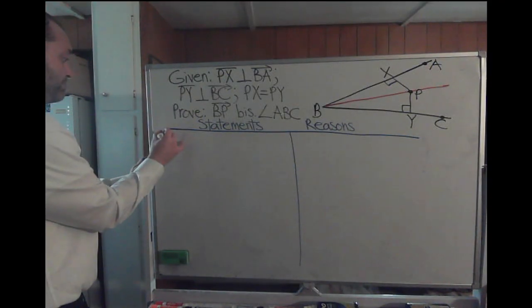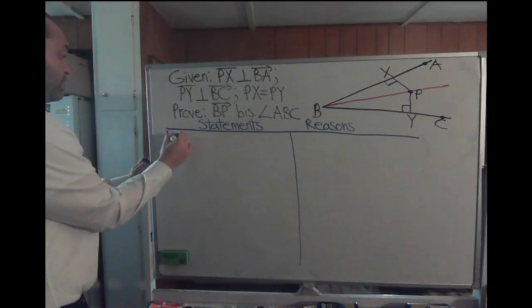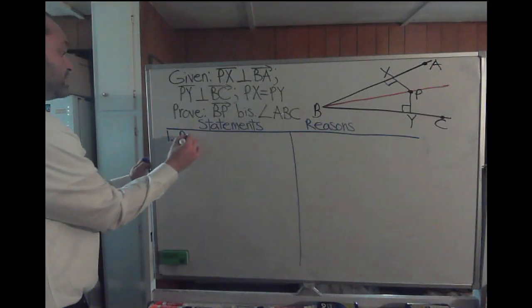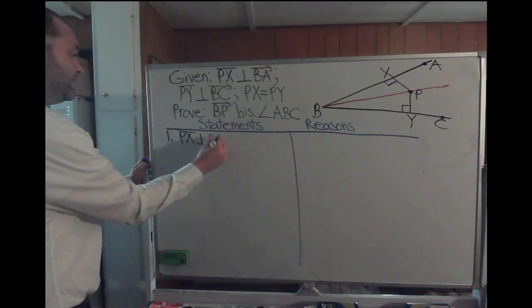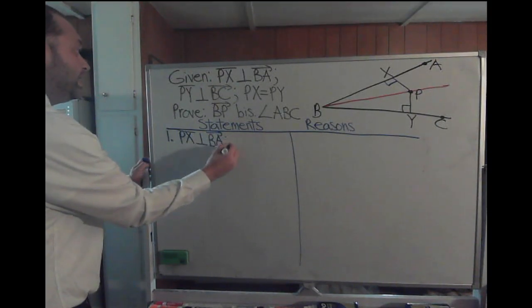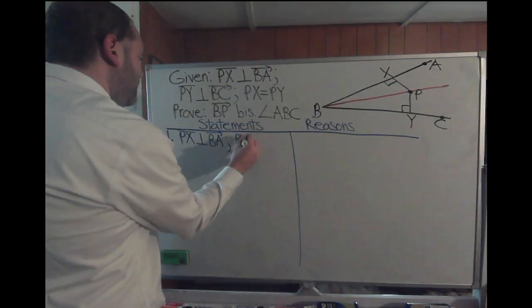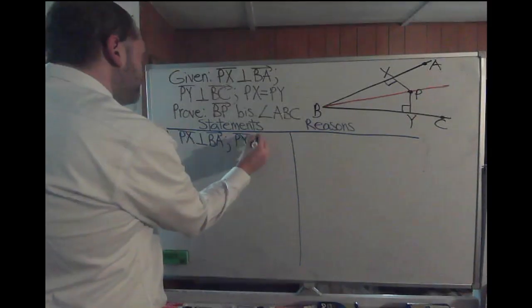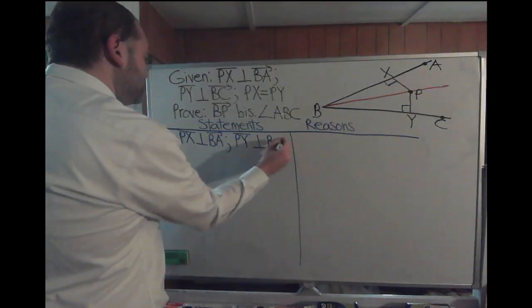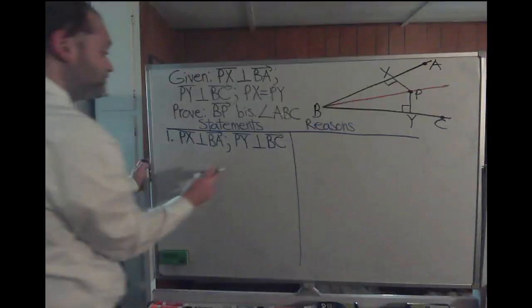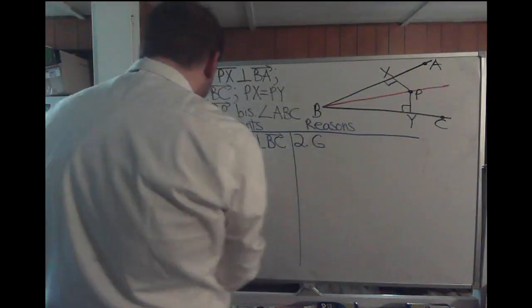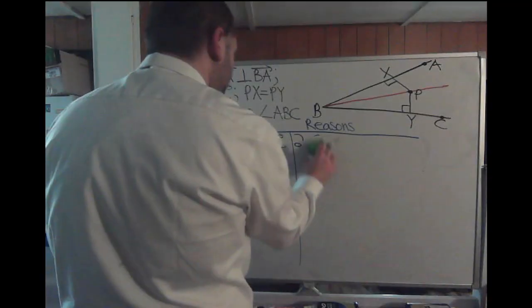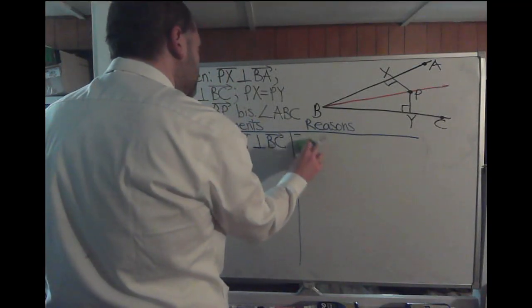Okay, so step one, we're given that PX is perpendicular to ray BA and that segment PY is perpendicular to ray BC. That, of course, was given to us. We'll get the other piece of given information in a second. I'm jumping ahead of myself today.